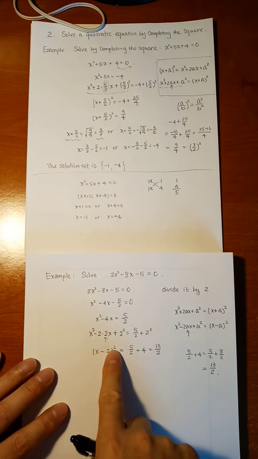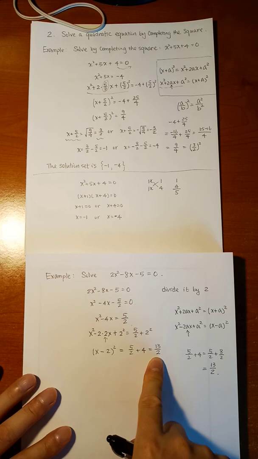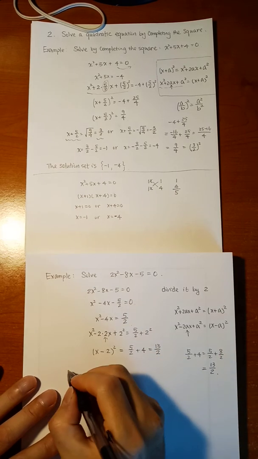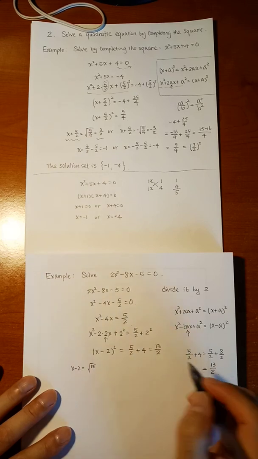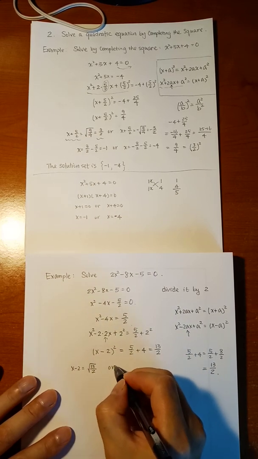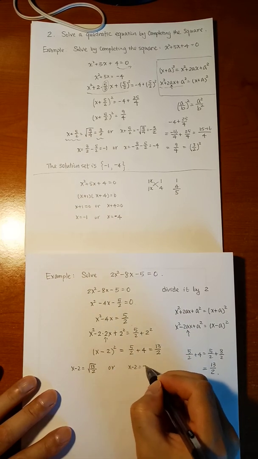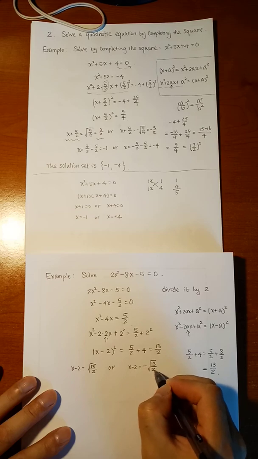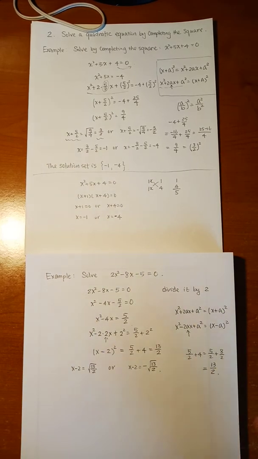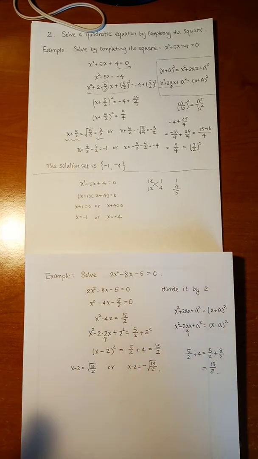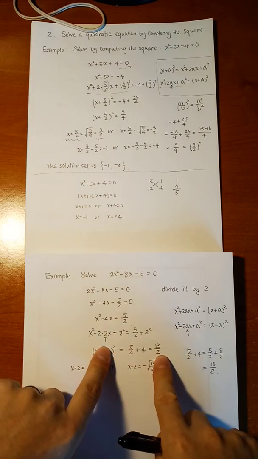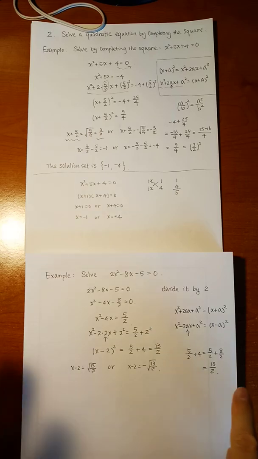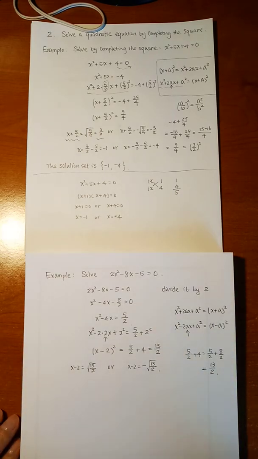A quantity squared is equal to a positive number. Then we have either x minus 2 is the positive square root of 13 over 2, or x minus 2 is the negative square root of 13 over 2. So once you get a quantity squared equal to a positive number, you automatically get a positive square root and a negative square root.